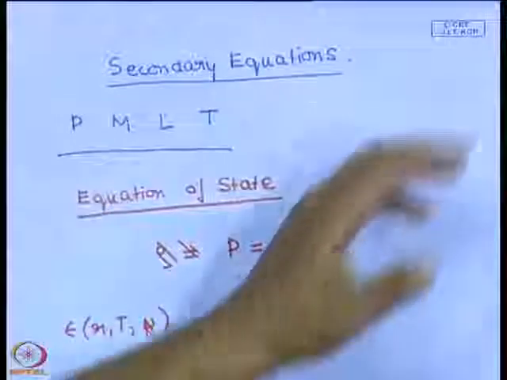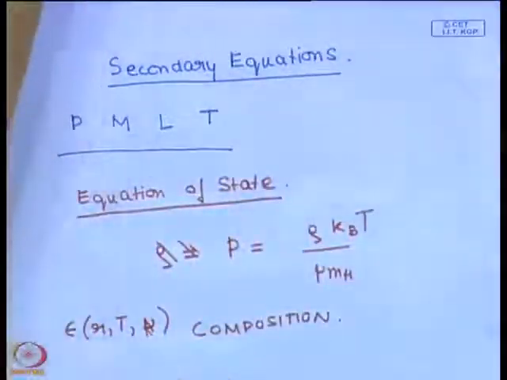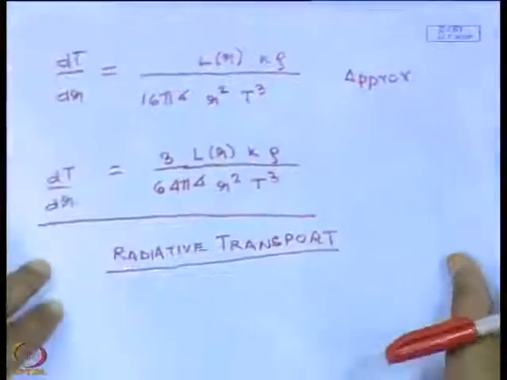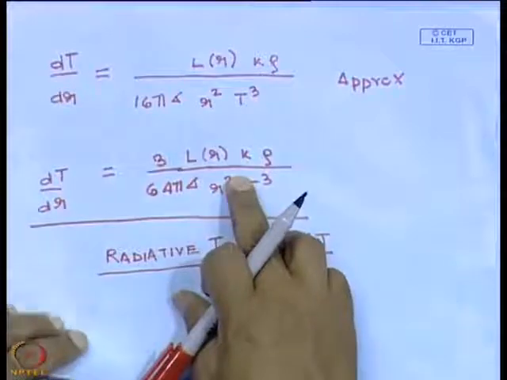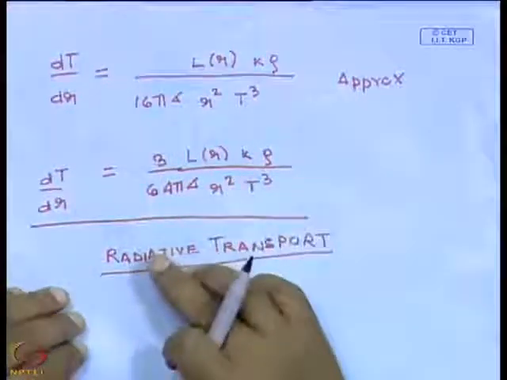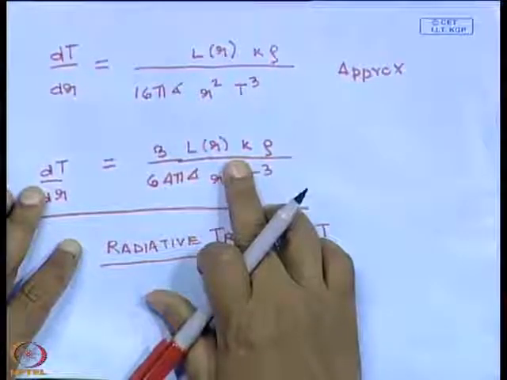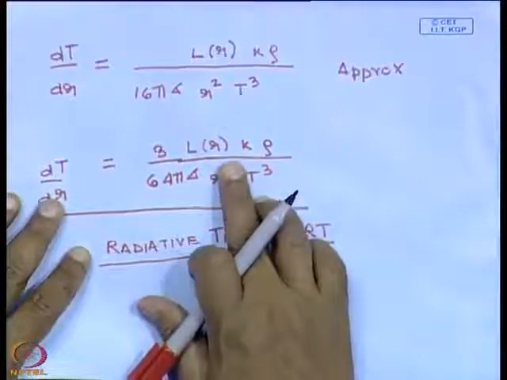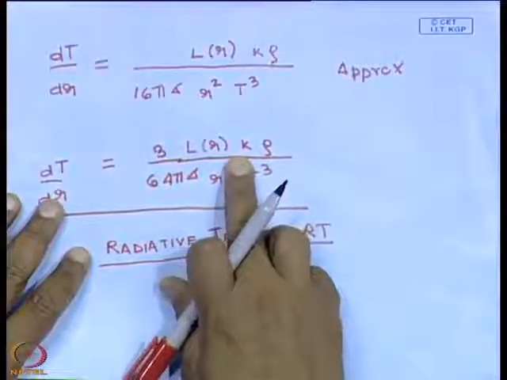Okay, let us look at the next equation. The next equation is the temperature gradient. So, if you have radiative transport, then you also need to know the opacity, that is the absorption cross section, or the absorption coefficient per unit volume, unit mass, that is the opacity, kappa.